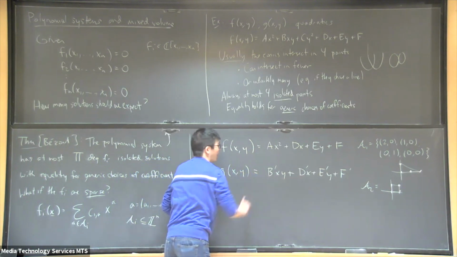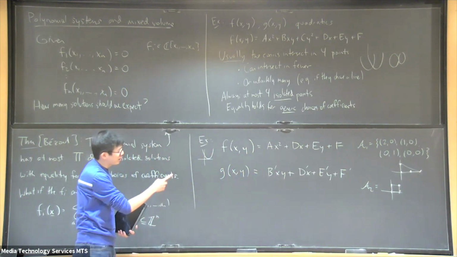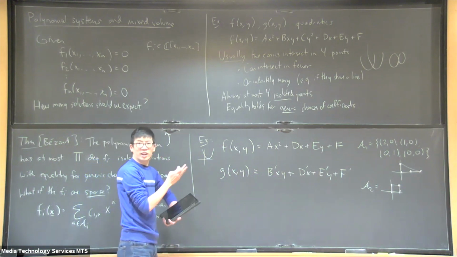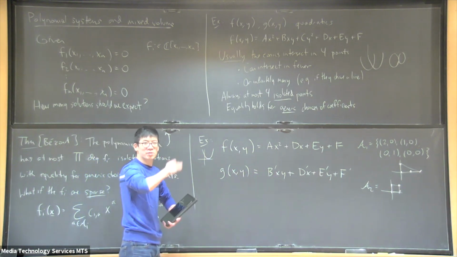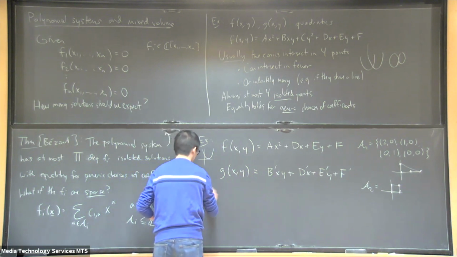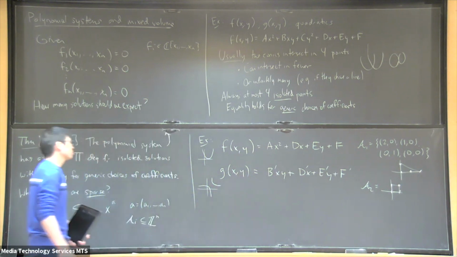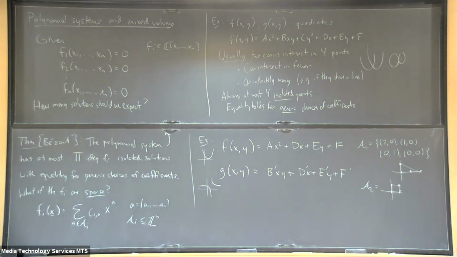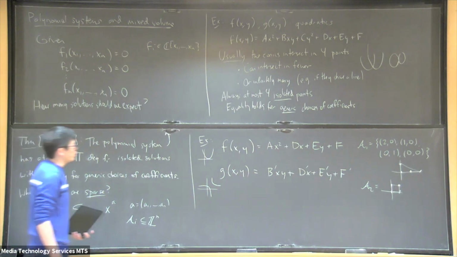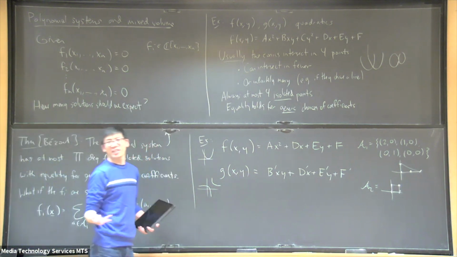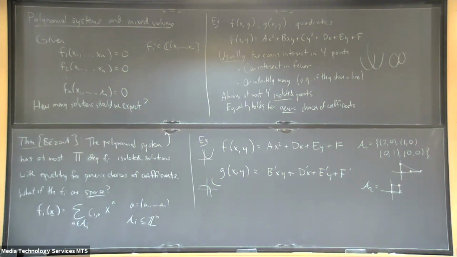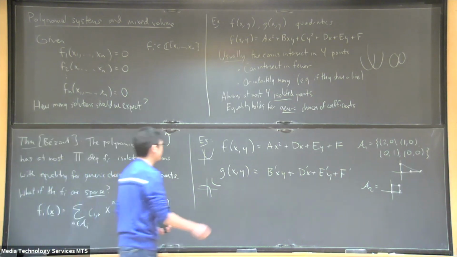This other one, if you graph it, is a rectangular hyperbola with the asymptotes parallel to the axes, so something that looks like this. If you try to visualize how such things can intersect, it should not be too hard to convince yourself that if you have such a parabola and such a hyperbola, then they will intersect in at most 3 points.